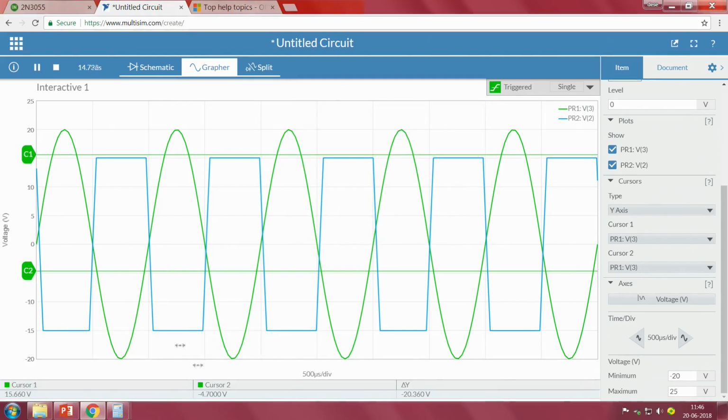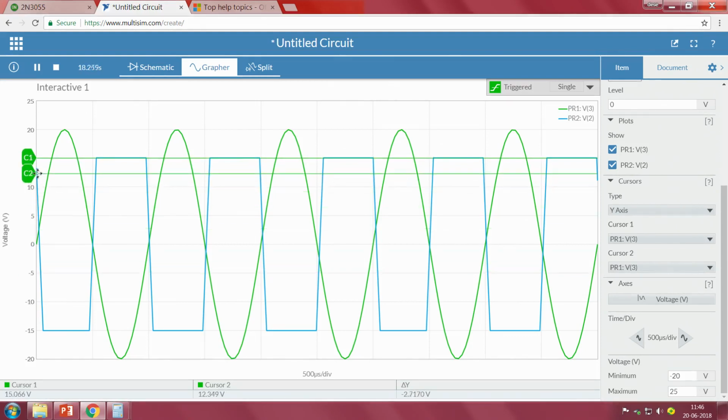When I see the C1 cursor, cursor 1 is somewhere around 15.6. So, I have to keep it at 15.0. Let me keep it at 15.066 approximately, and the other cursor should be somewhere around 14.97. Let me try whether I can get it. Yes, 14.98.